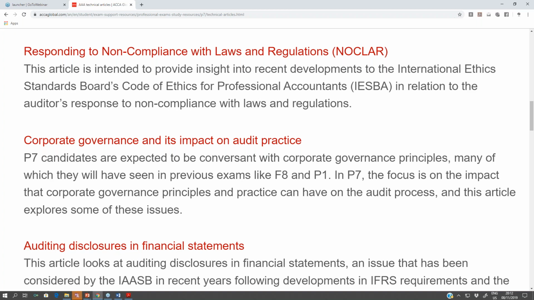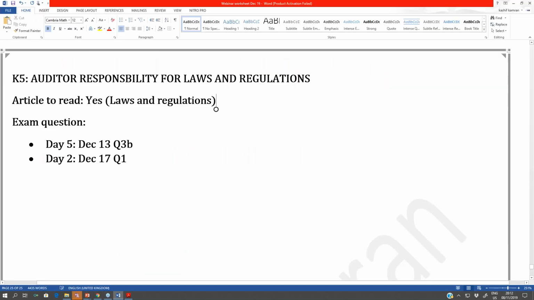And this article is about non-compliance with laws and regulations and what actions and steps the auditor will take. It was recommended on day 2, but I just want to clarify that you will be reading 2 articles on laws and regulations. Let me write that down on the Word file. One article is laws and regulations, and the second article is auditor responsibility for non-compliance with laws and regulations. So 2 articles need to be read here.